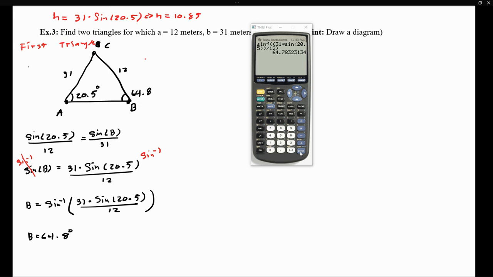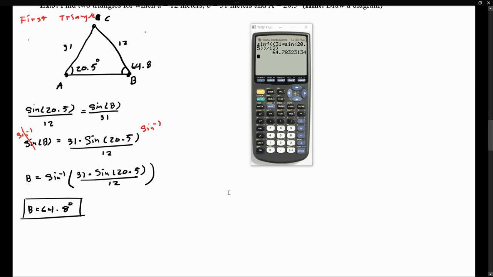So what exactly are we missing? We're definitely missing angle C. But notice that it will not be that complicated to find the value of angle C, because I know that angle C is going to be equivalent to 180 minus 20.5 minus 64.8.